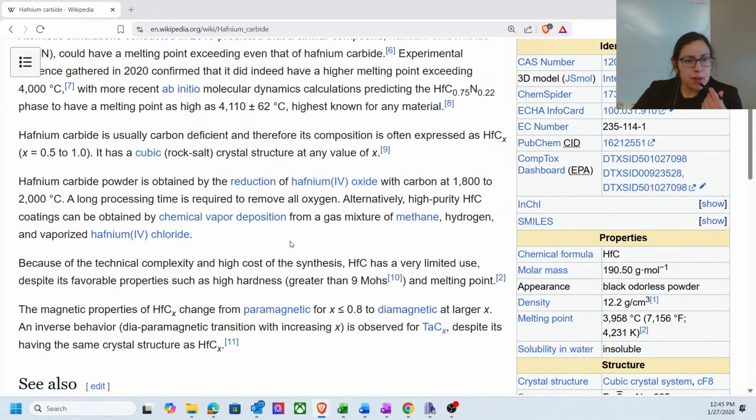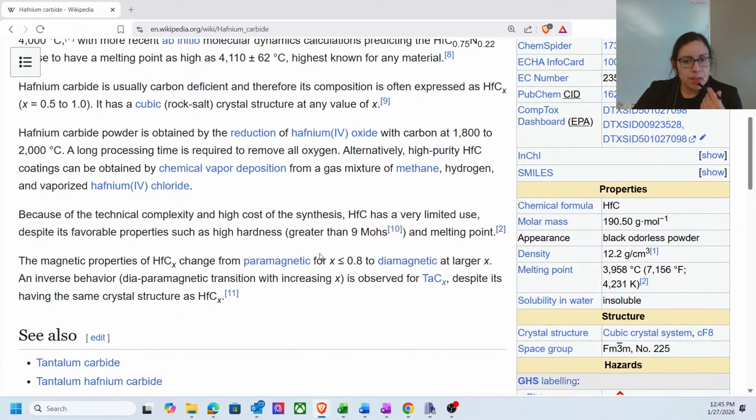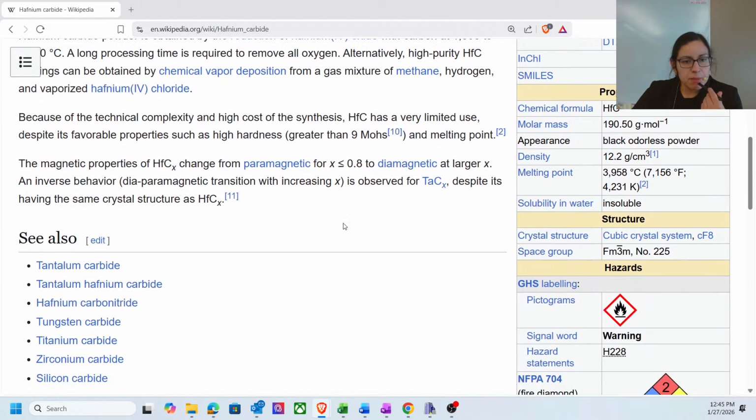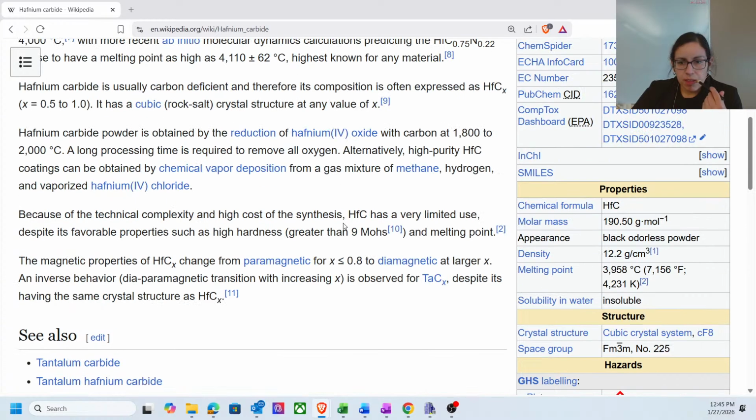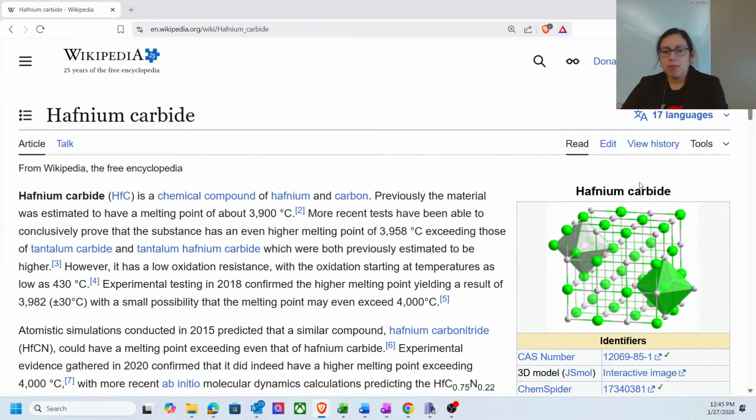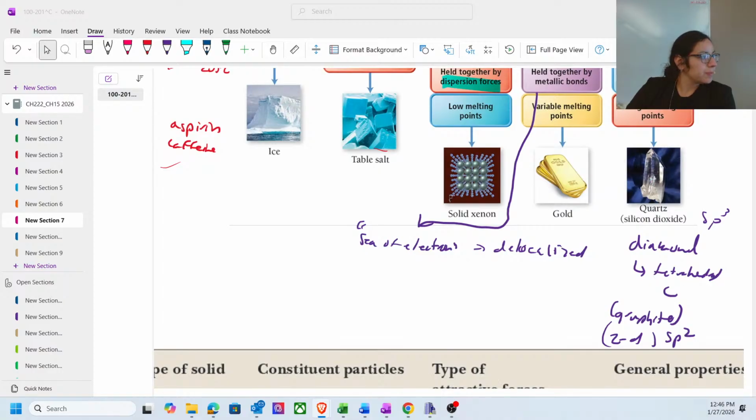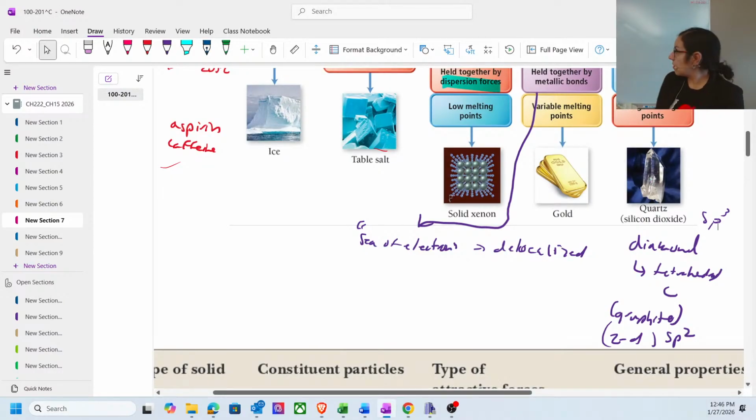I'm just reading about it. Apparently it's hard to synthesize, but that's pretty interesting. And there are of course all sorts of different carbides being developed, so lots of area for research.